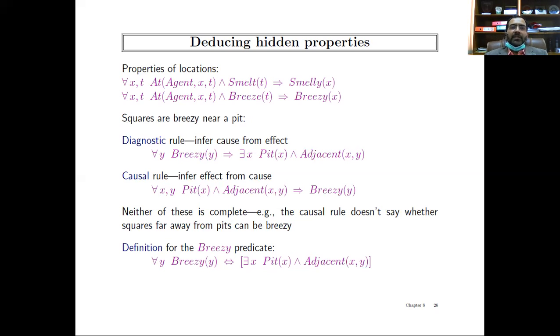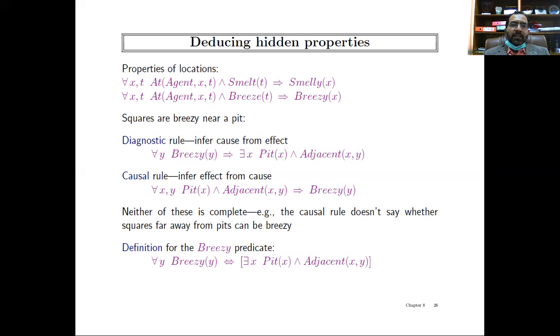In the next statement, for all x, t, At(Agent, x, t) and Breeze(t): there is a breeze, so this implies that that particular location is breezy. It is something which is not stated, but you derive that information out of it, which can be used for your own decisions.